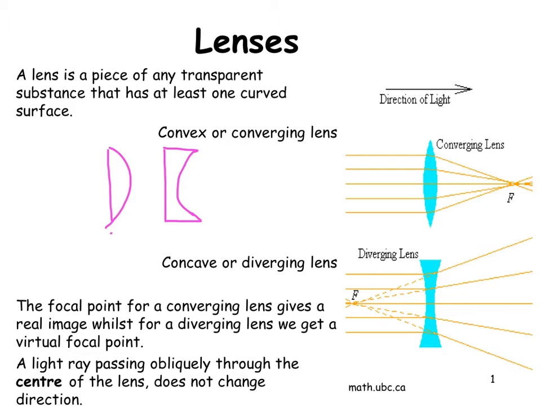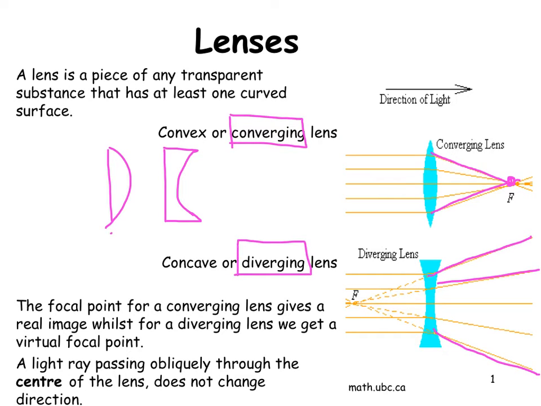A convex lens refracts the light rays together, so they converge. Converge in English means that you come towards one point. A concave lens pushes the light rays away from one another, and they diverge, or go in opposite directions, away from each other.